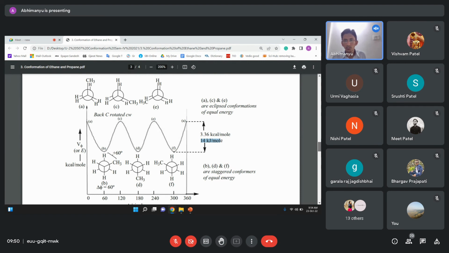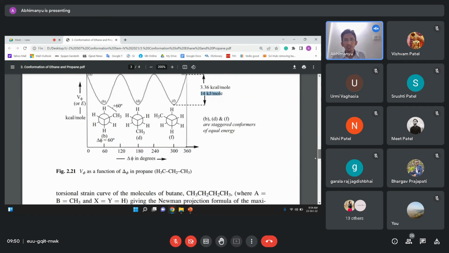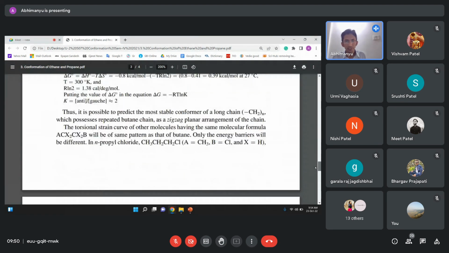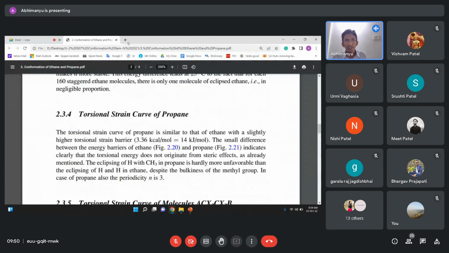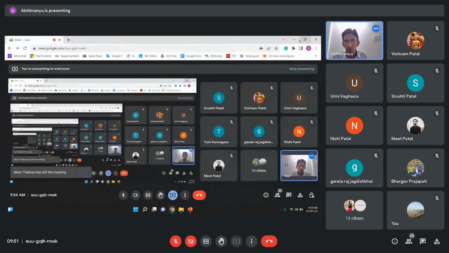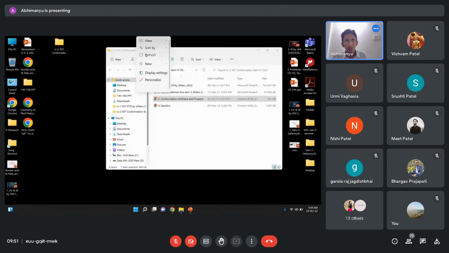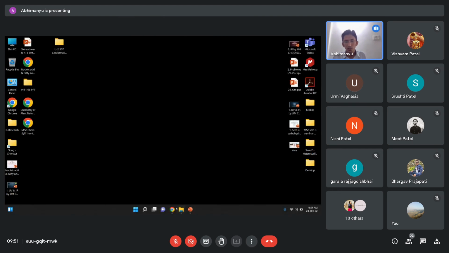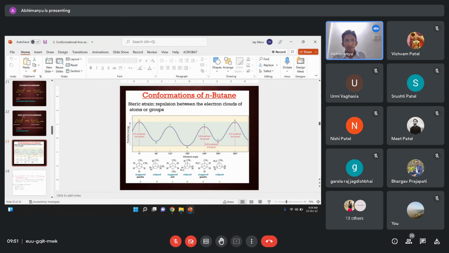So this is the story. I will share all the description and this material with you. So this is the story about the conformations of ethane, propane and butane.